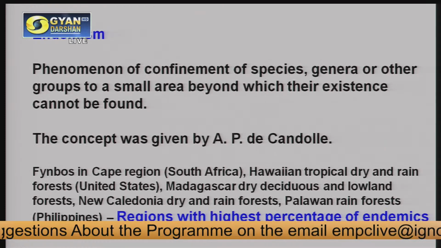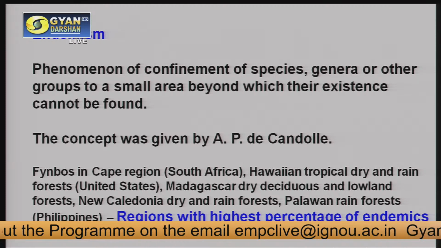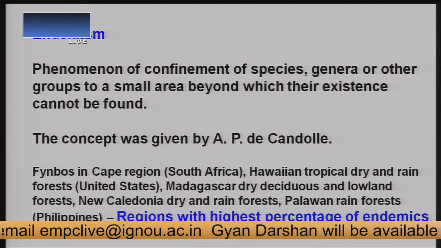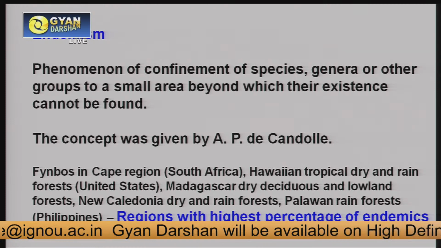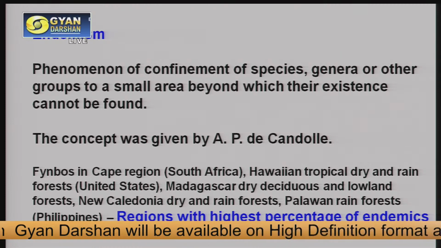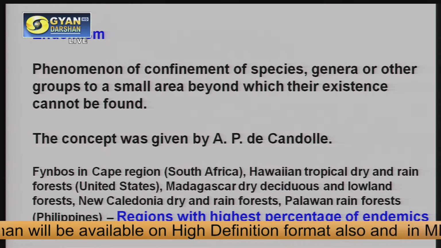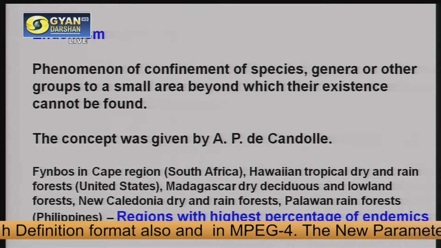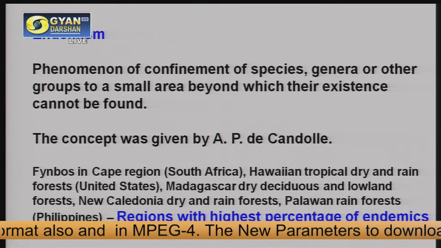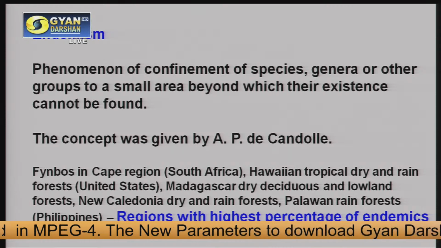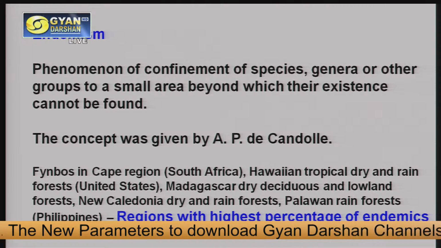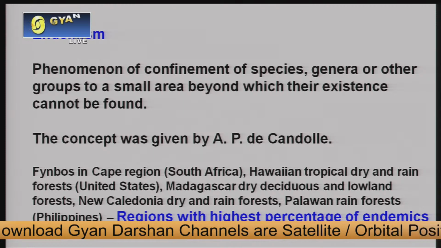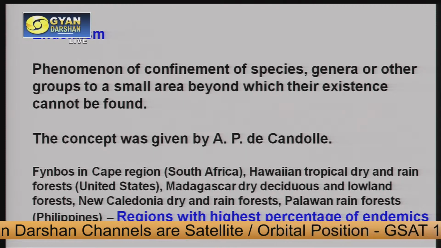Now, the next category will be the endemism, and we will discuss this particular topic in a little bit elaborate fashion, because this is a very important topic. What is meant by endemism? Endemism means the phenomenon of confinement of a species, genera, even a family or a group, to a very small area. That means you will find certain plant species which are very much restricted in their distribution. They are not widely distributed. They are confined within certain regions.